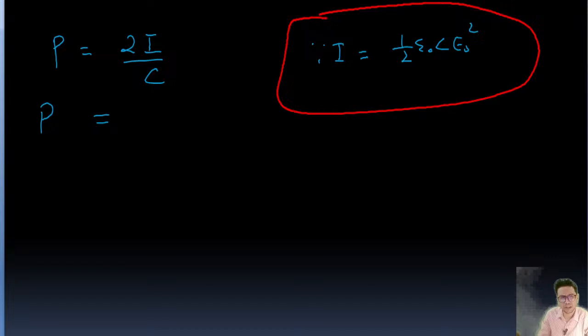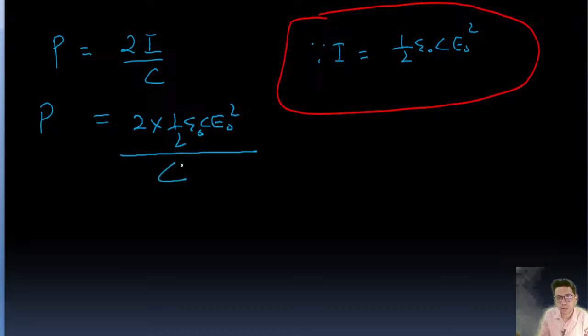And here we know, guys, the value of I is half epsilon 0 C E naught square. You need to note down, guys, a very important formula we have studied in electrodynamics. So we'll put the value: 2 into half epsilon 0 C E naught square upon C. C will get cancelled, 2 will get cancelled.